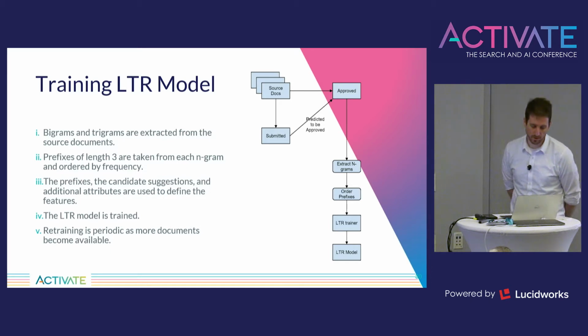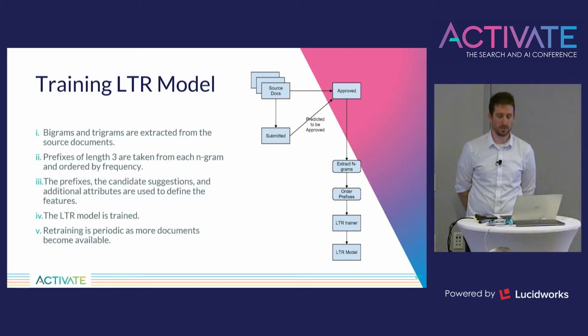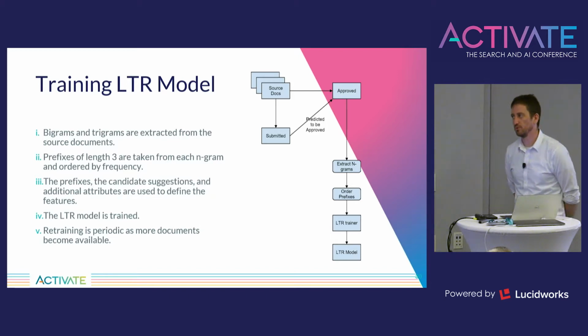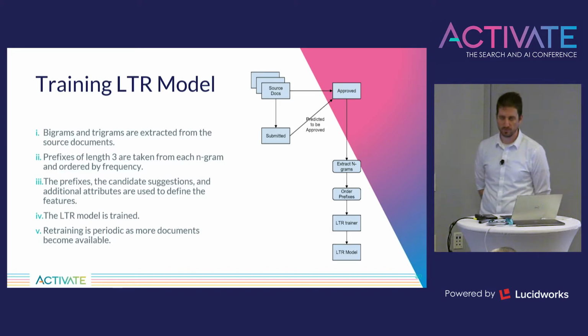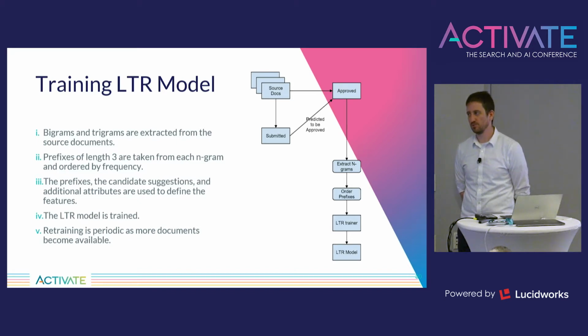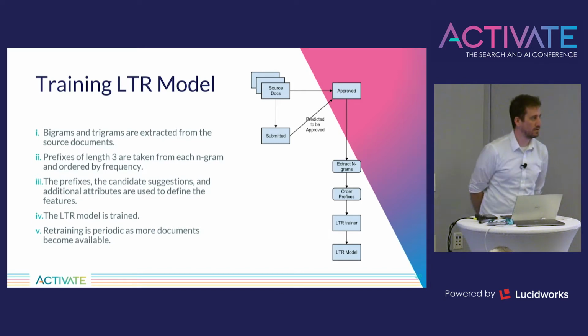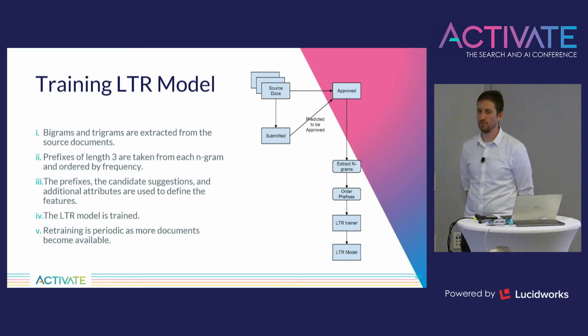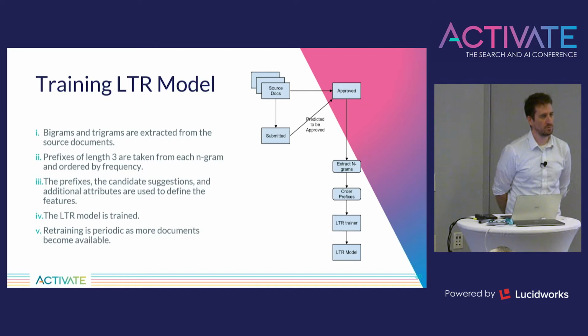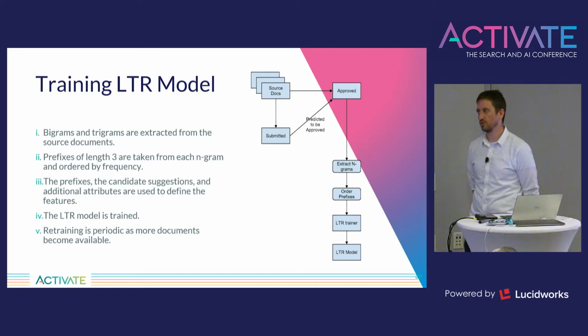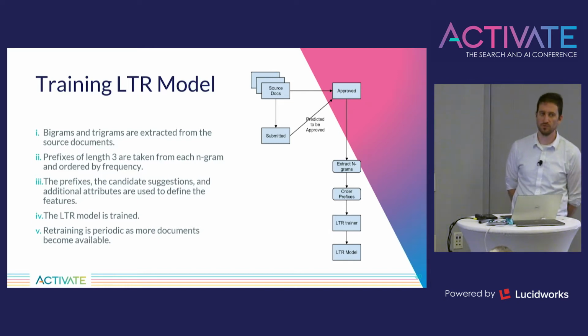And with that, a learning to rank model is trained. It is very important that retraining is periodic as more documents become available. So as documents go through the workflow and are approved in the final state, we bring those documents in and retrain the model to keep it fresh without it getting stale, because the terminology and the language change so fast.